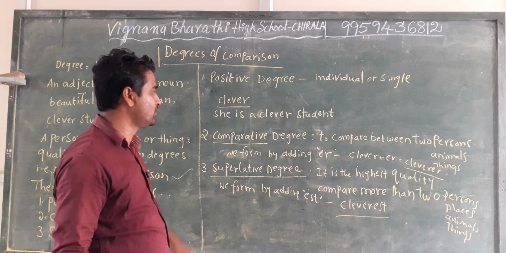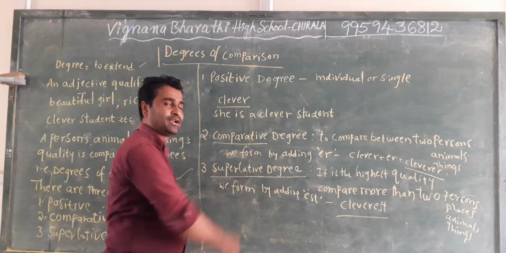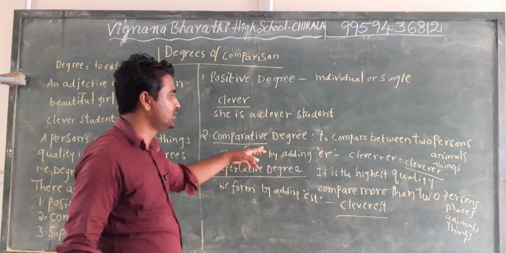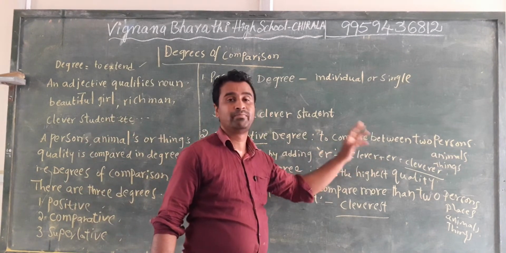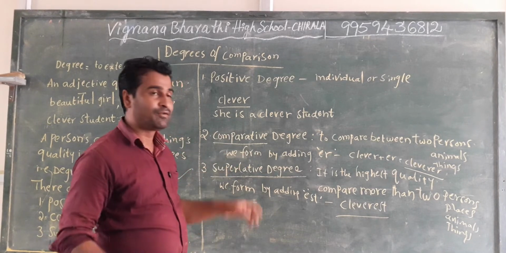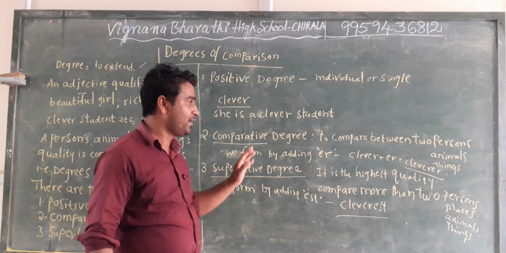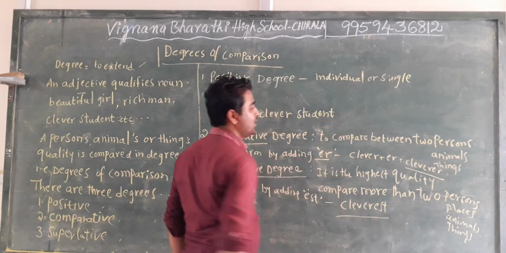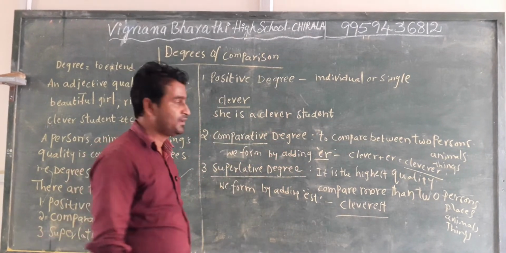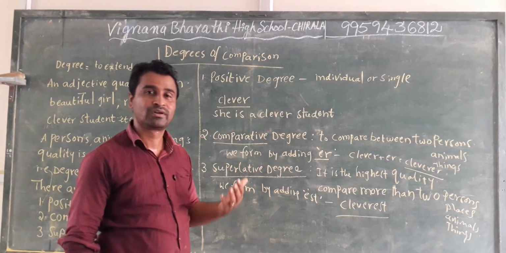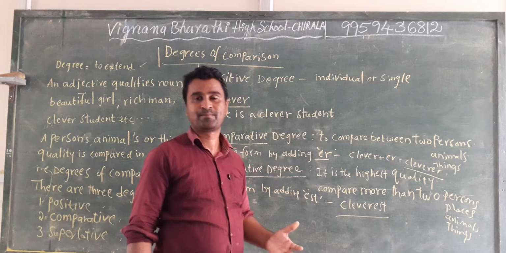And in comparative degree, we have the second degree. Comparative means comparison of two things. Comparative degree is used to compare between two persons. We make comparative degrees by adding er to the adjective. Then it becomes cleverer, happier, richer, poorer, taller, shorter.